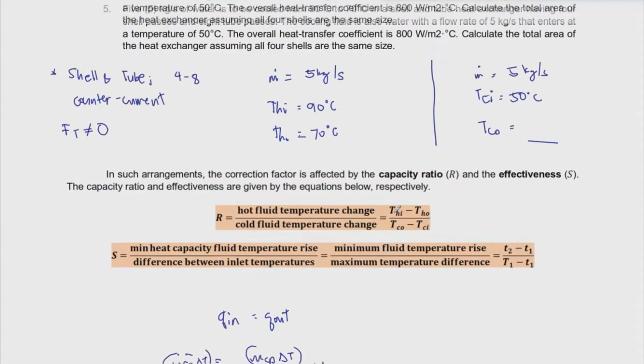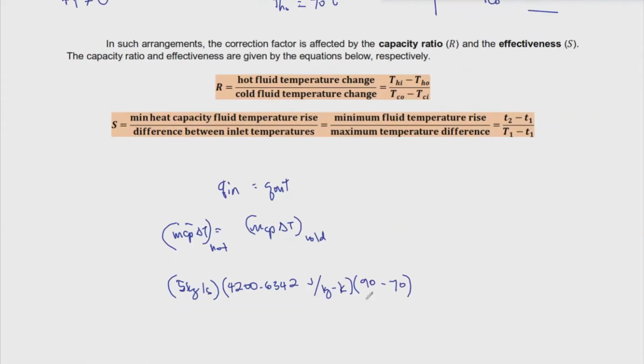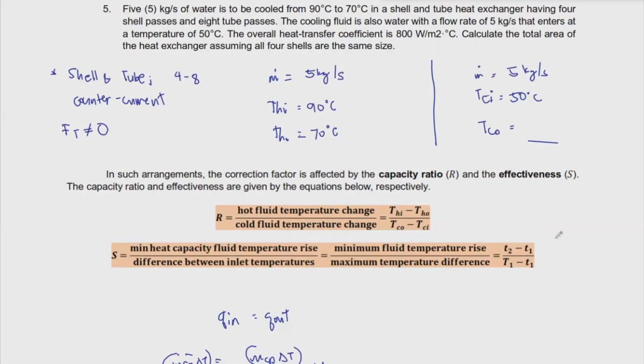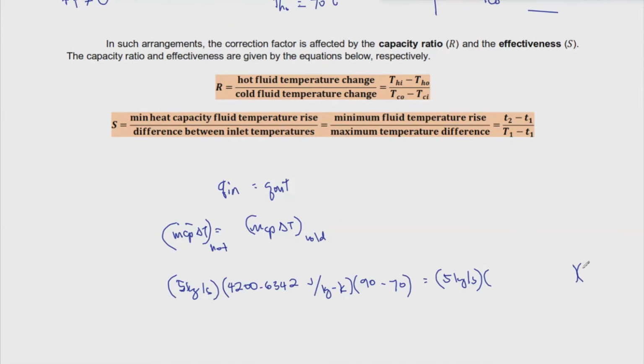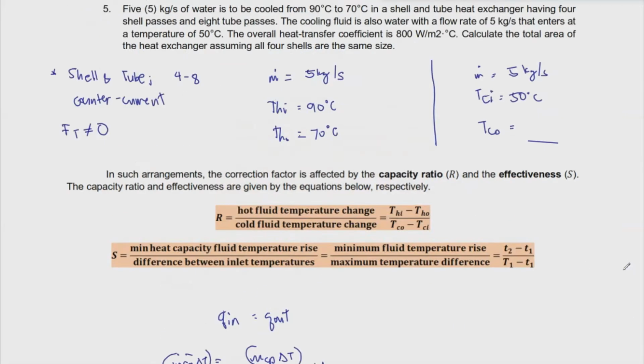And basically, if we have this value of Q, that is simply equal to, of course, the mass flow rate of our colder fluid, and then the average specific heat capacity, and then the temperature difference, which would give us the TCO minus 50 degrees Celsius right here.